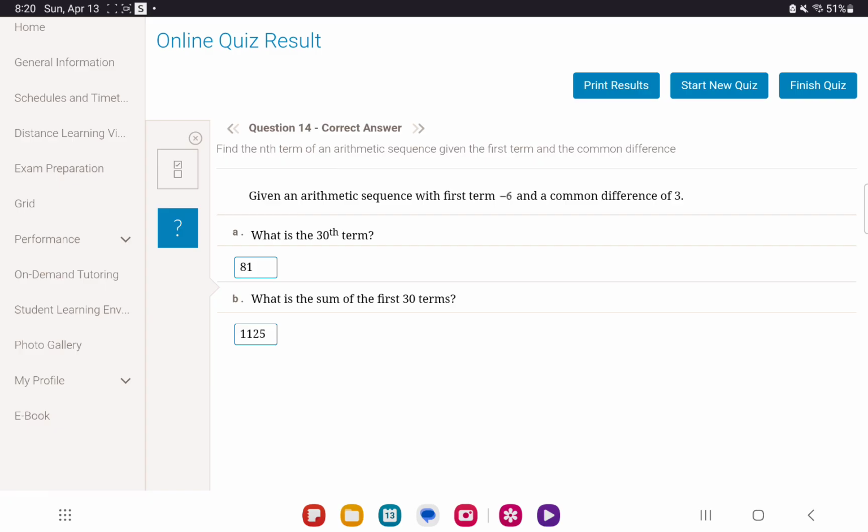Now, for the second question, it's an arithmetic sequence, and they want the 30th term. Okay, arithmetic sequence, we know the rule for it is A1 plus n minus 1 times d. A1 is the first term, n is the term they want, and d is the common difference.